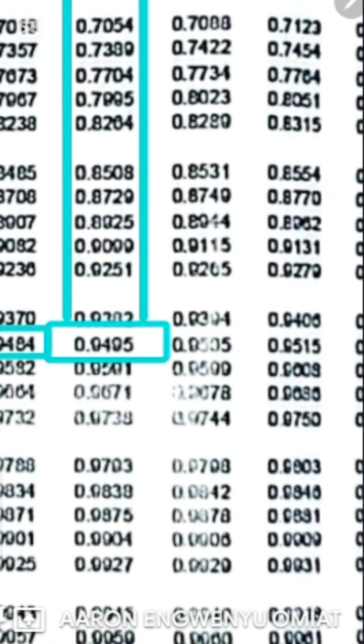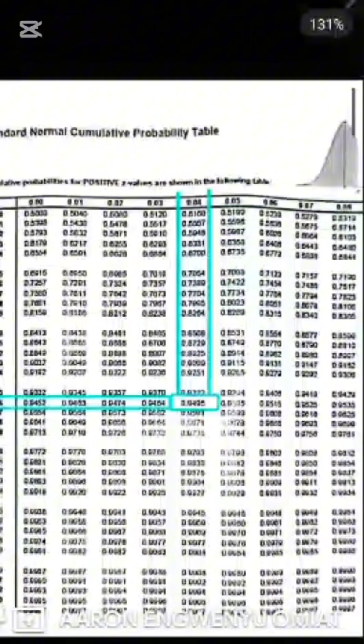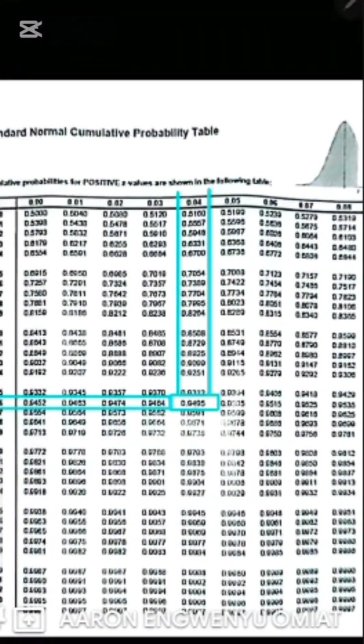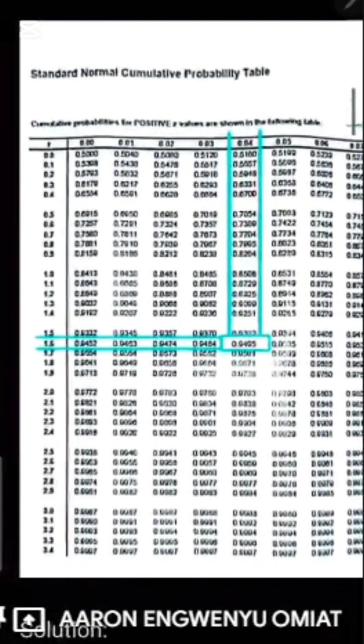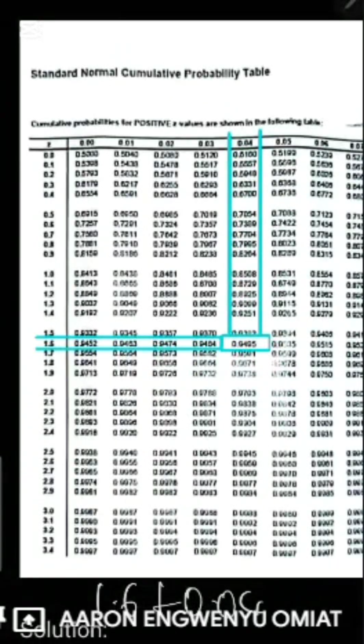For me earlier, I chose to use 0.9495 instead of 0.9505, but it doesn't matter, the difference is small. So if we use 0.9495, which is approximately 0.95, and we read the z value, we first come horizontally, which is 1.6, and then the fourth value from up here, which is 4. So 1.6 plus 0.04, which is the same as 1.64 altogether.